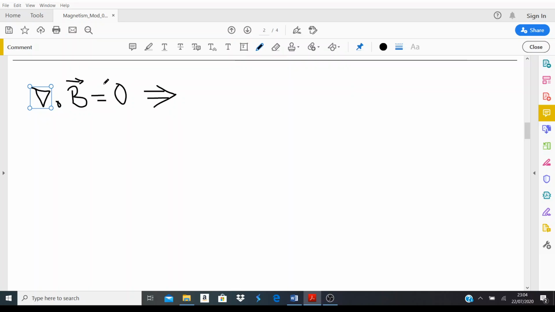And this implies that any time we have a vector quantity of which divergence is 0, that vector quantity must be expressible in terms of some curl, right? And we say that curl of a vector is usually the magnetic vector potential. So in our problem, this should be an operator, right? But as I've said before, even if I don't put the hat, you understand that's an operator.